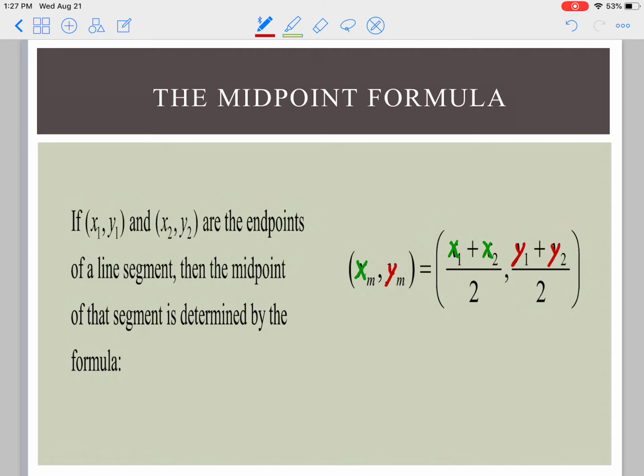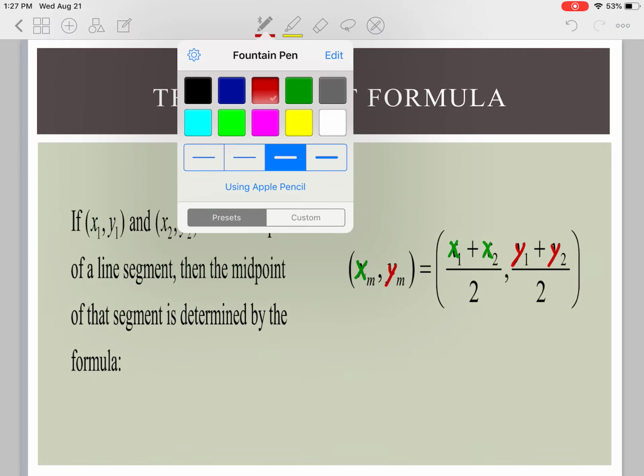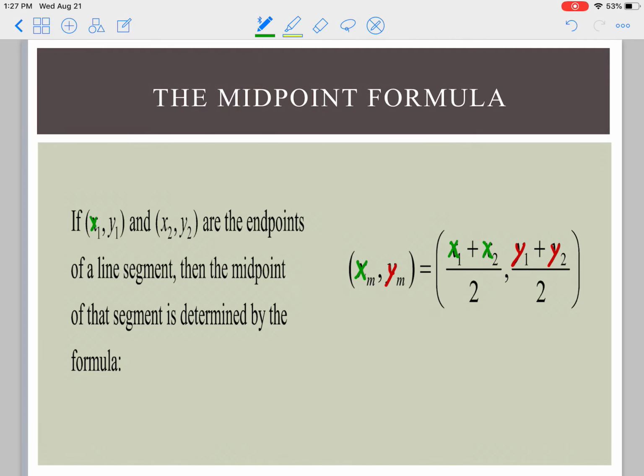All that we are doing is taking the two x coordinates that we're given. Our two x coordinates, we're going to add them and divide by 2. Our y coordinates, we're going to add and divide by 2.